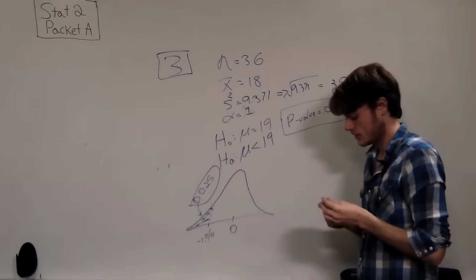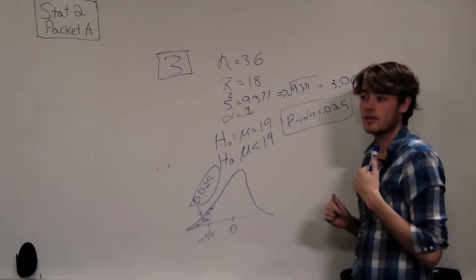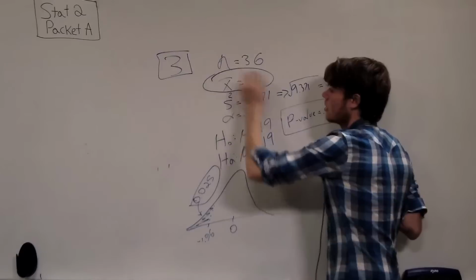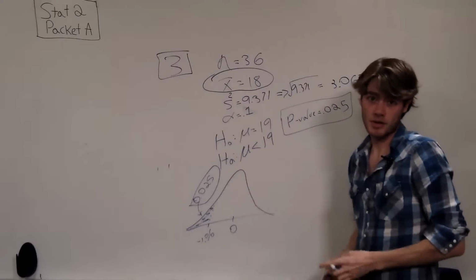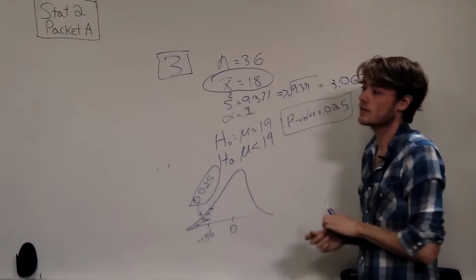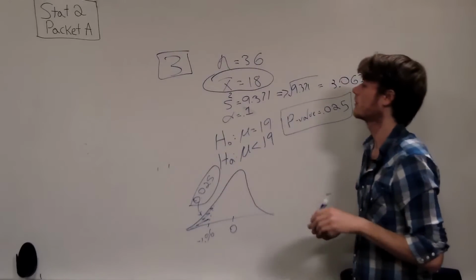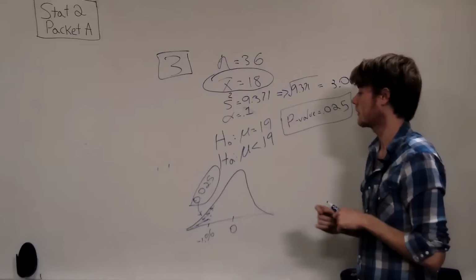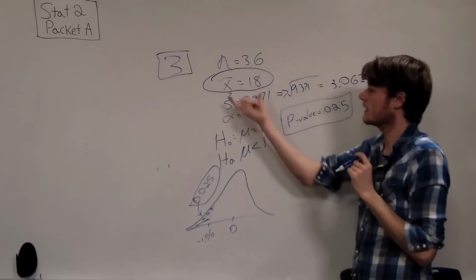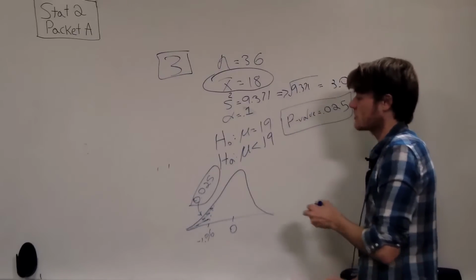The p-value is the probability of observing the value that you found, which is x bar, 18, or something more extreme, so 18 or less than 18, given that H0 is true.